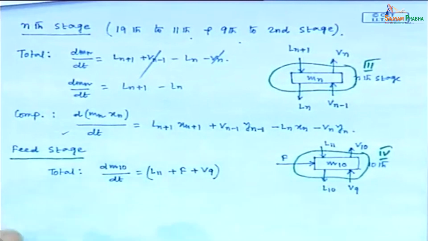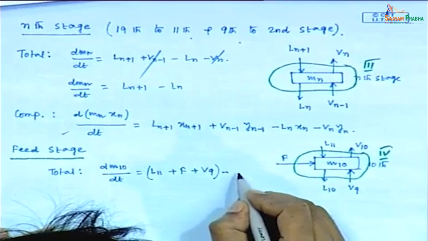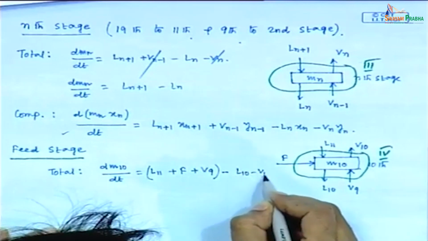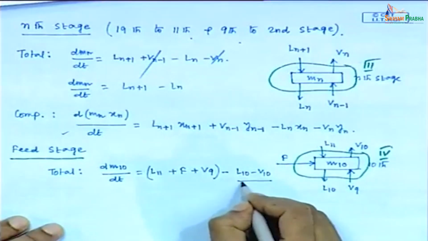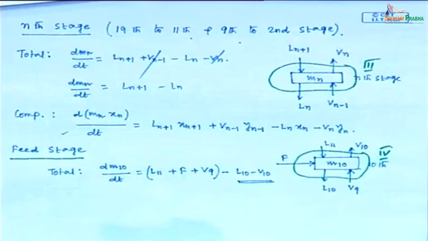These are the input streams, L11, F and V9, and the outgoing streams are L10 and V10.